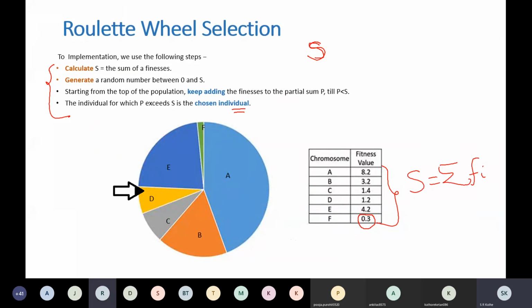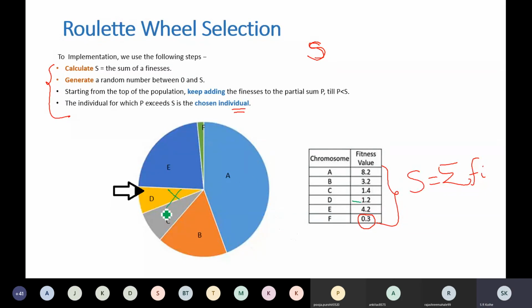We cannot represent the negative value on the roulette wheel. Correct, good. Suppose D is equal to -0.2. How to represent this D on this wheel? Negative fitness, negative area cannot be represented in this type of representation.